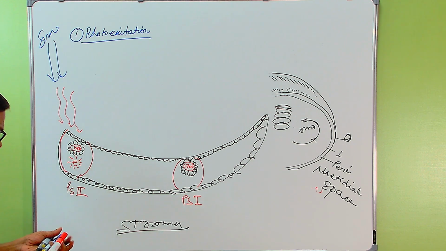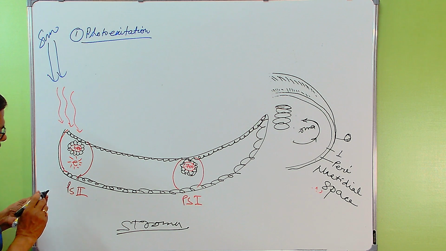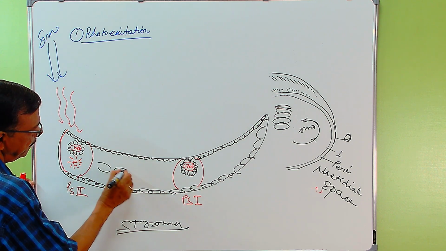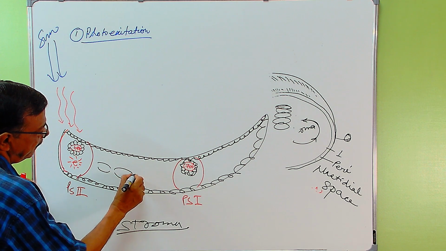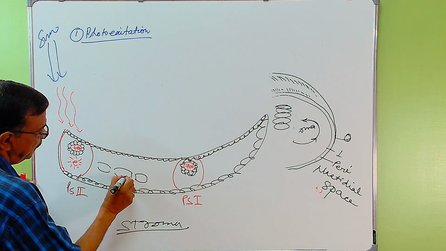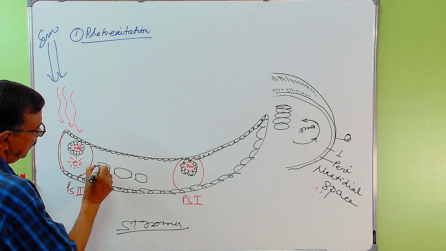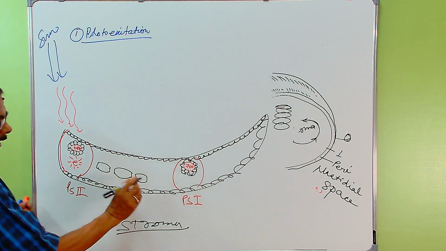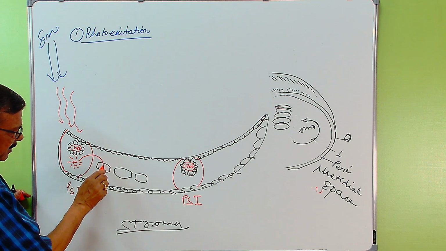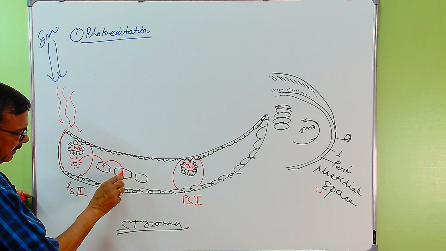That electron gets excited. It cannot stay in this place, so it passes on to the primary acceptor and the electron transport chain. This electron passes on through a series of electron carriers.